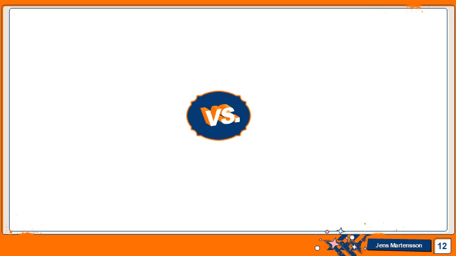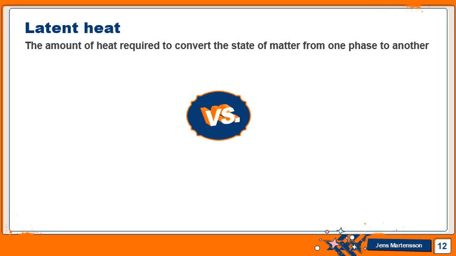Children, one more important concept we have to learn, that is latent heat. What is this latent heat? It is also heat energy. What is this extra heat? If you observe, when you are heating at 0 degrees centigrade, ice slowly melts into water.